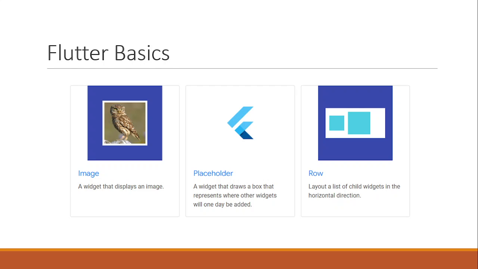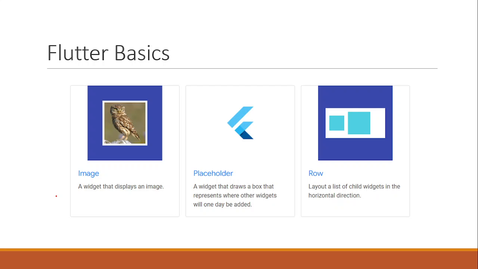Okay, so if you want to display an image, most likely you'll be using the image widget. So the image widget just displays an image on the application. And the problem you have with image is your source of images.